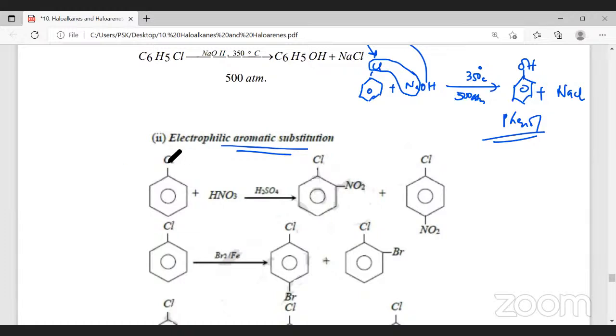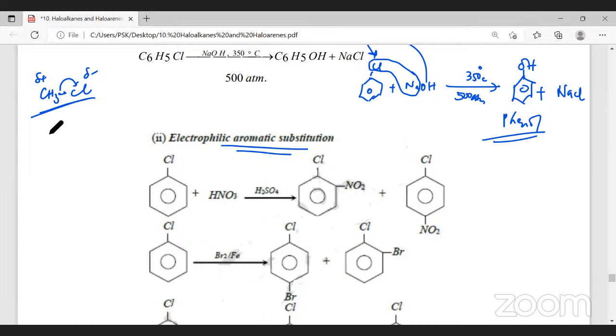Now, this chlorine behaves like an electron donating group whenever it is bonded to a benzene. Generally, if you take CH3Cl, the bonded pair of electrons will pull towards chlorine because chlorine is more electronegative. Chlorine gains negative charge and carbon gains positive charge.